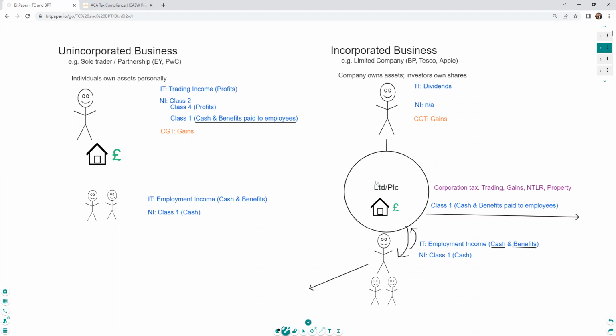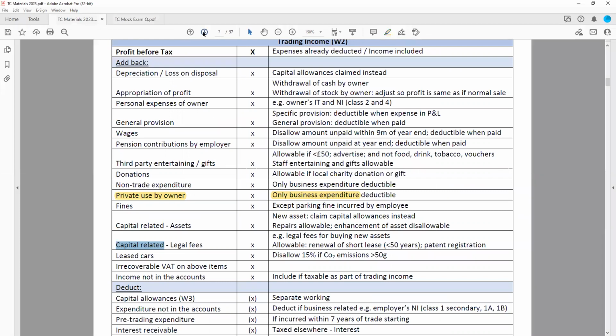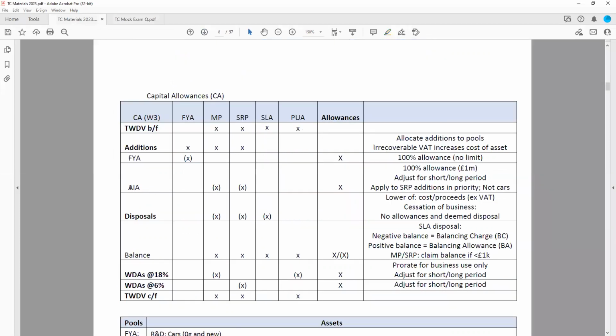When businesses buy cars, whether unincorporated businesses or companies, it will go in the capital allowance pools based on the CO2 emissions, but of course you can't claim AIA on cars. So again, you can see cars getting unfavorable treatment. And if the CO2 emissions are high, they'll end up in a special rate pool where you don't get very many allowances. So again, cars have very unfavorable treatment.